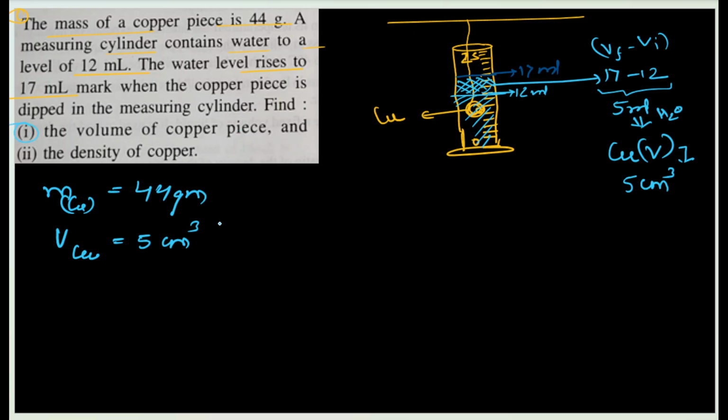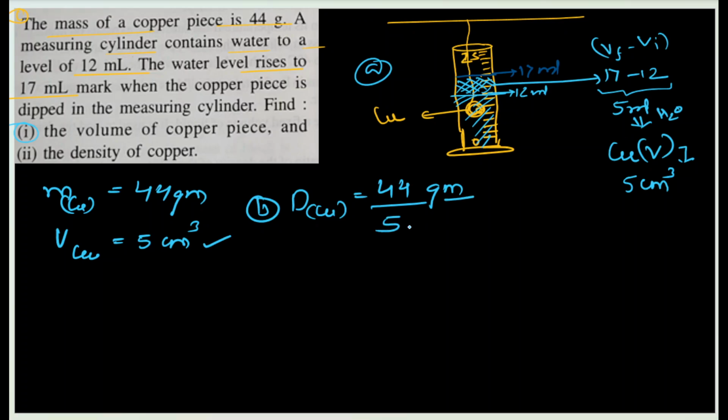So we have taken out the volume of the copper piece with this one. Now the B part is about the density. So density of copper is equal to m by v. So 44 gram divided by volume 5. We are not going to change the units because they are not asking in the SI unit, so we remain in the same way.